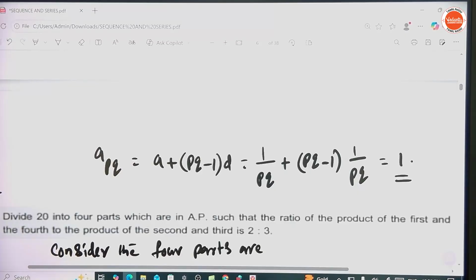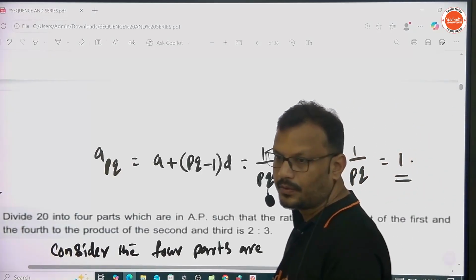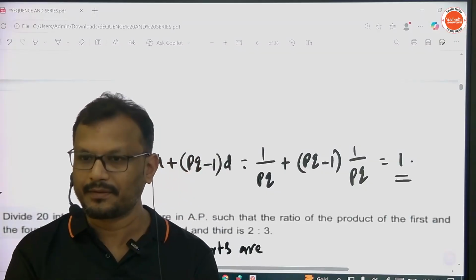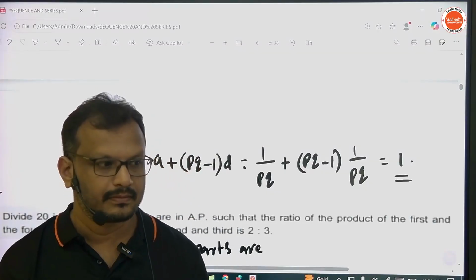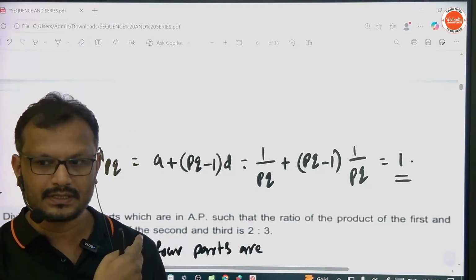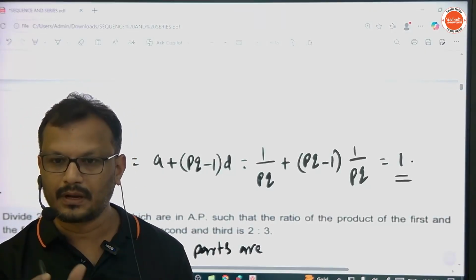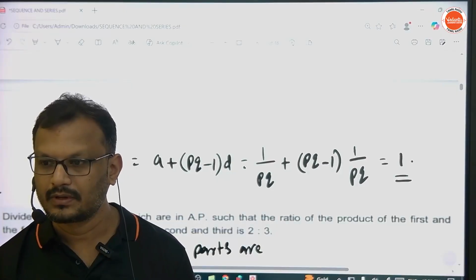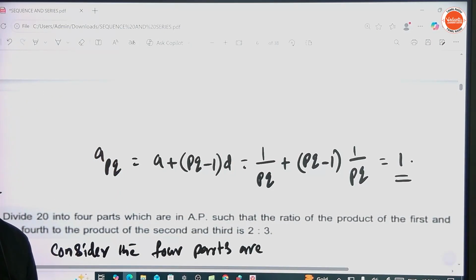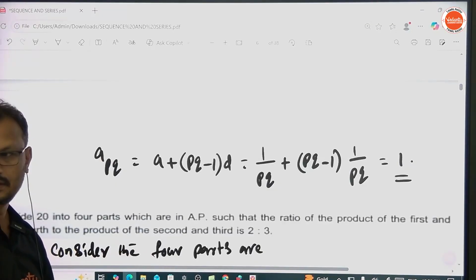That means what is basically given? One number is divided into 4 parts, so only the sum of the numbers is given, no? Sum of the numbers is given and 4 parts. As we just discussed, what numbers do you have to consider now? A minus 3D, A minus D, A plus D, A plus 3D. So consider those numbers and take it.